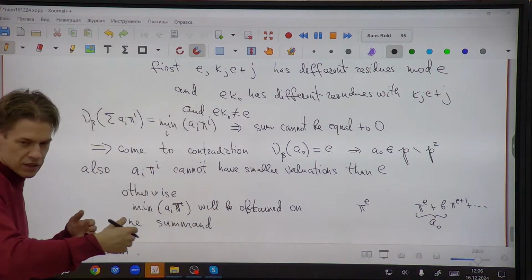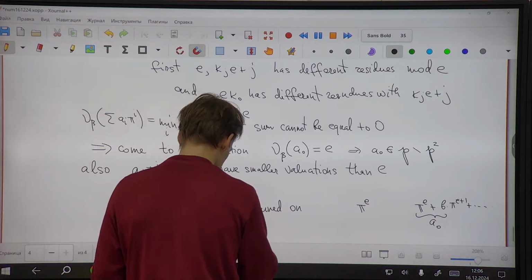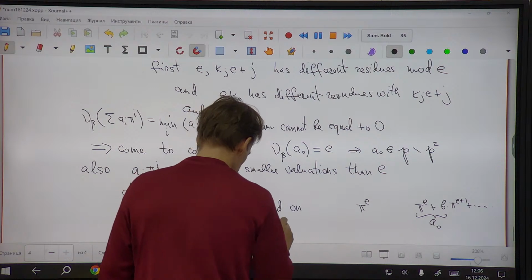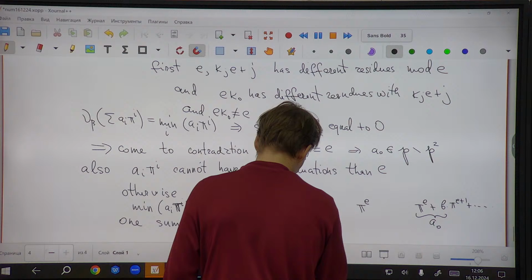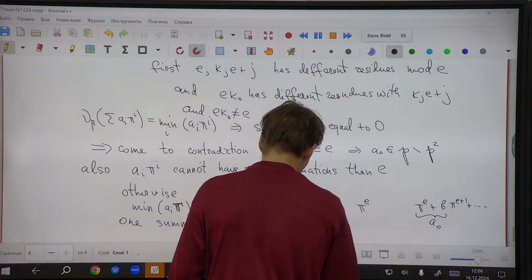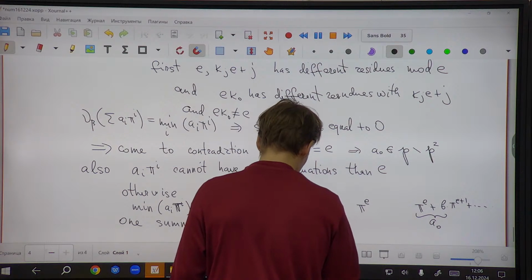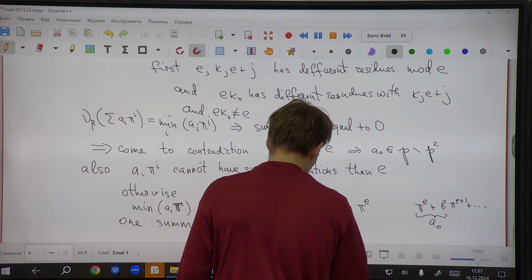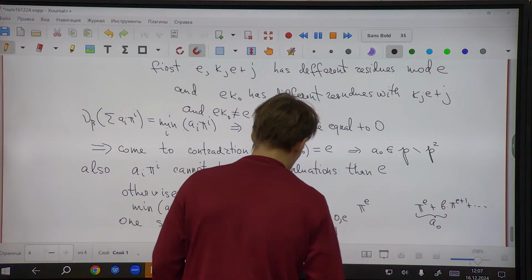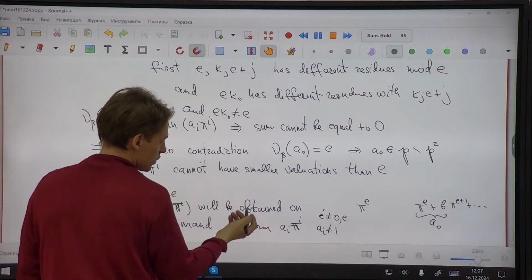Since of the form AI PI where AI is not equal to 0, yeah?